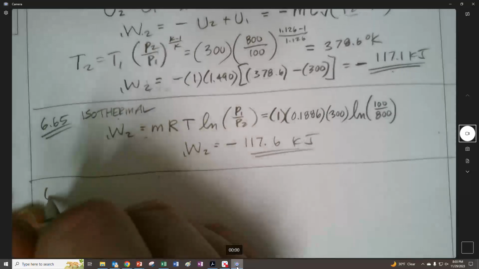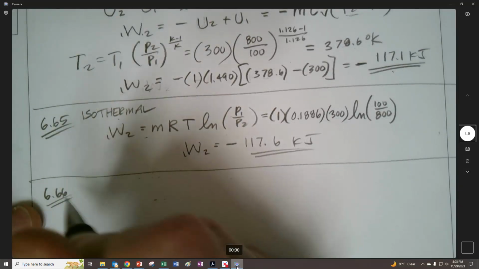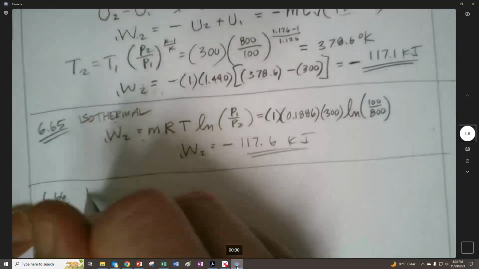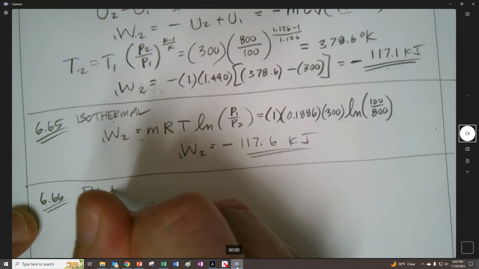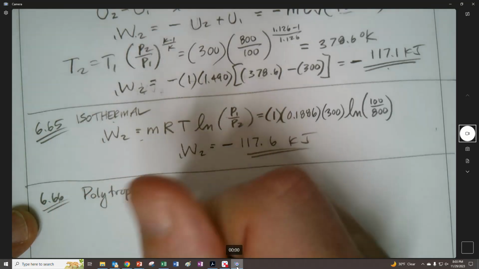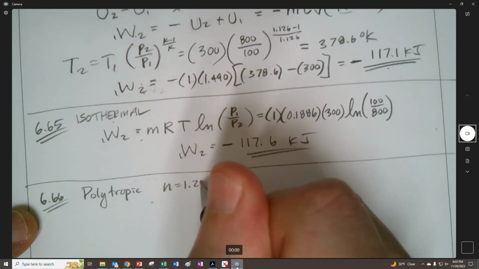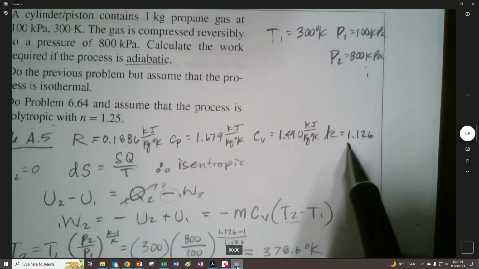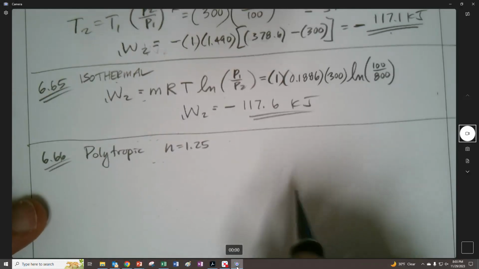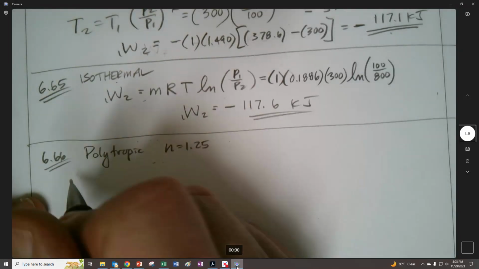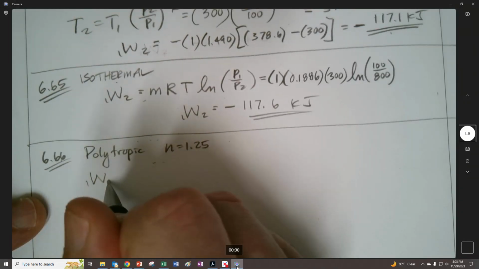we're going to go 666. We're going to have a polytropic process where n is equal to 1.25, which, by the way, is larger than k. And so we have the equation for the work.